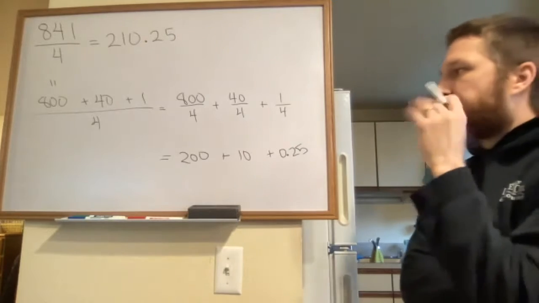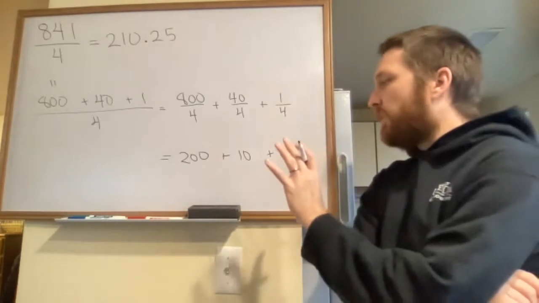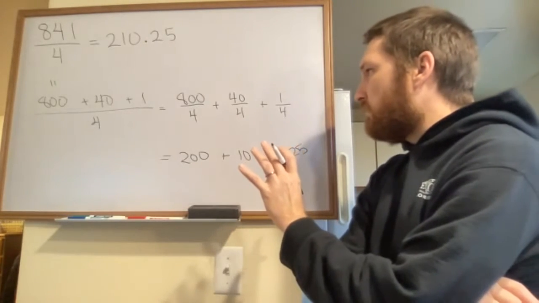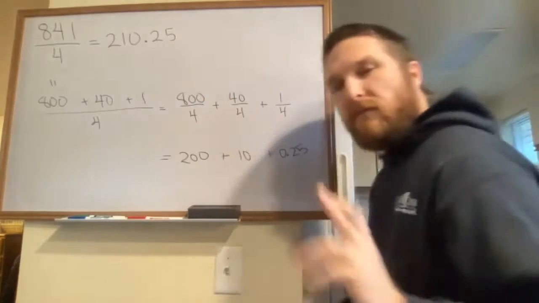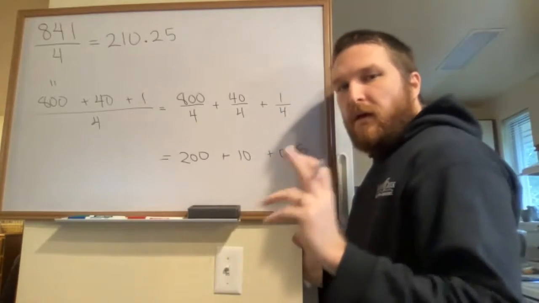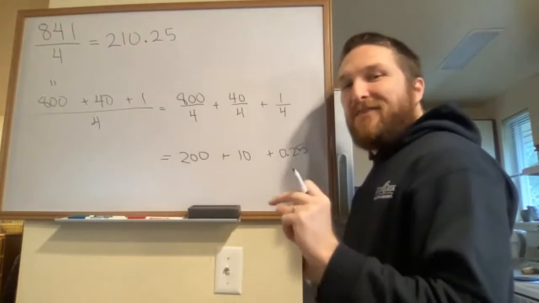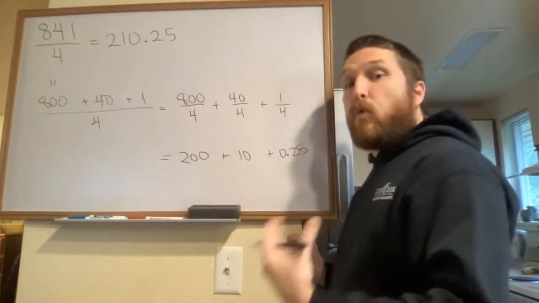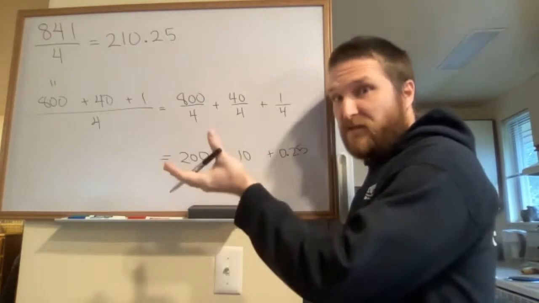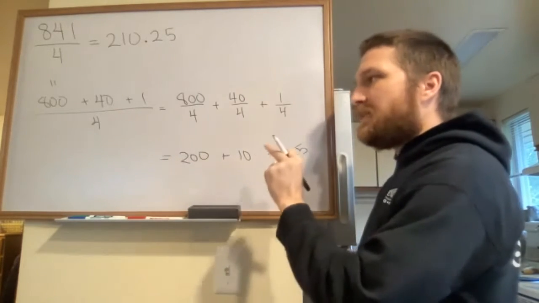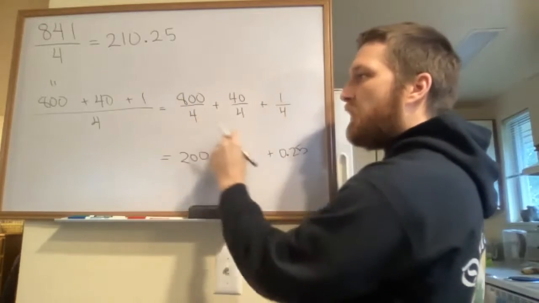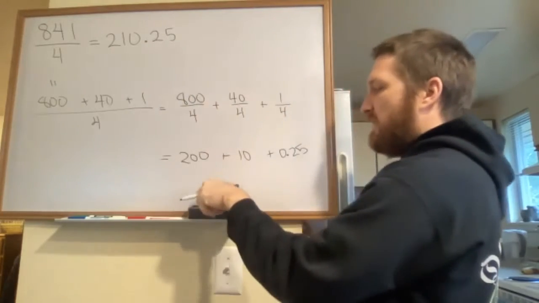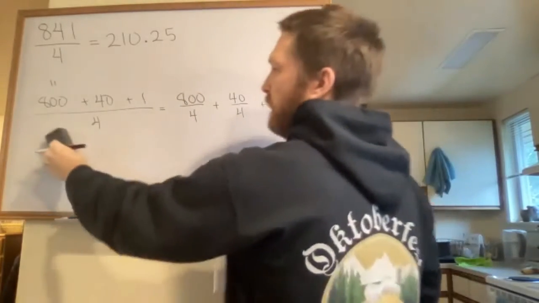Now, one final thing to note is the reason that the long division algorithm works, the first thing that we did, is because technically this is what you're doing. This is what I kind of want to get into right here.